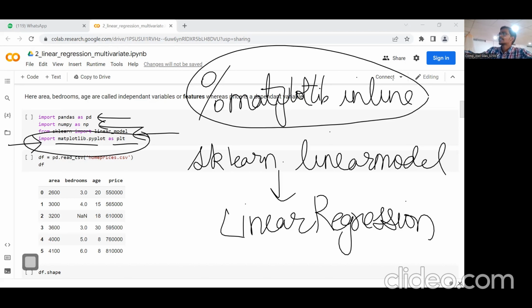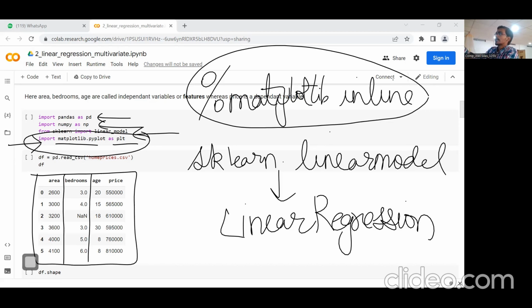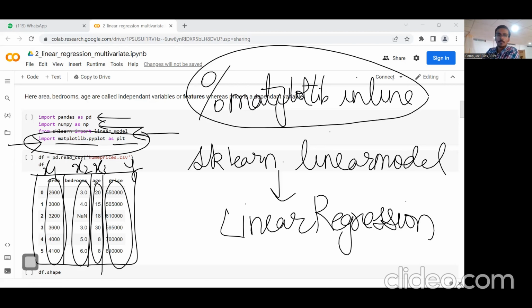Now we have the data set, this one, in which we have three features: area, bedrooms, age of the house, that is x1, x2, x3 feature vectors, and then the price y, where x1 consists of all these values, x2 consists of all these values, x3 will consist of all these values, and y is this one.